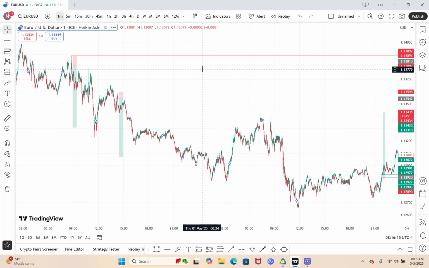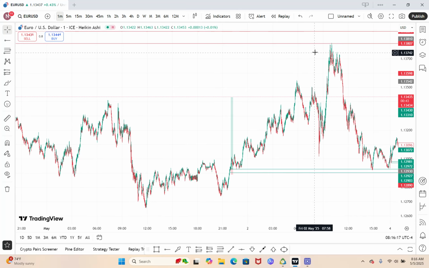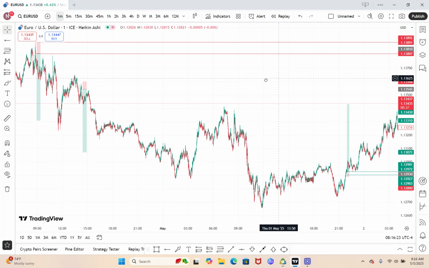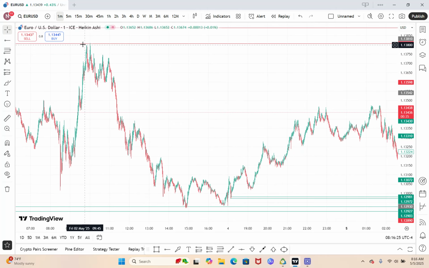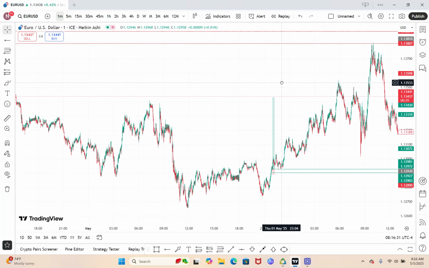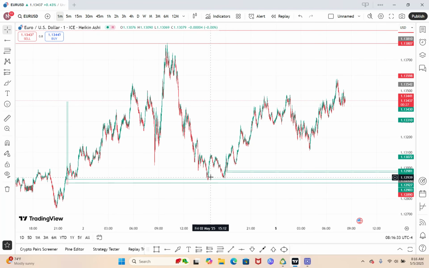Friday we had to take the trade manually because the market came up, and before our order could be filled, the market was turning. So we had to take a manual trade right here, pushing the market all the way down to here.